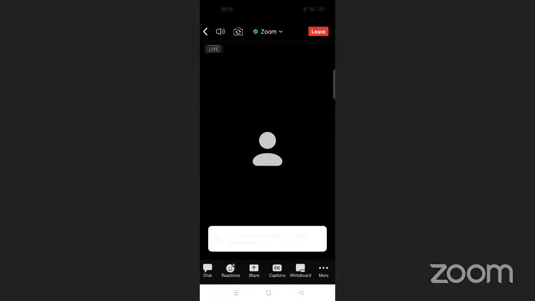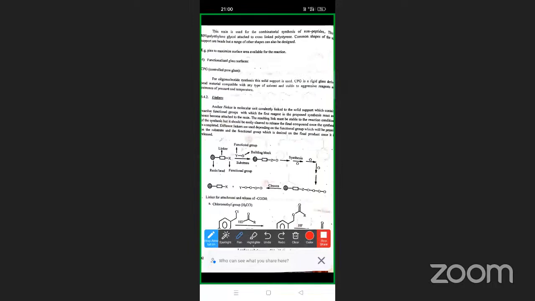It is attached to the solid support here. And this linker must contain a reactive functional group. Linker means it is the linkage between the building block and the solid support. It is an intermediate compound, simply a mediator between the building block or the reactant and the solid support here. The requirement is that the linker must contain the reactive functional group.